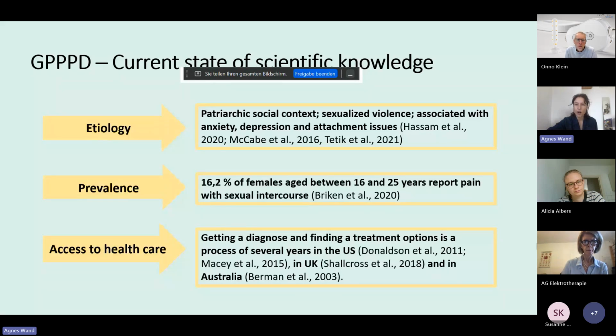It is also more common among individuals who have survived sexualized violence, and it's associated with anxiety, depression, and attachment issues.